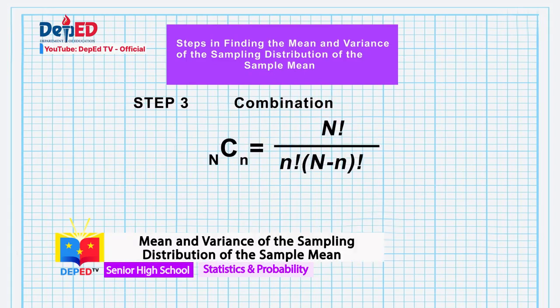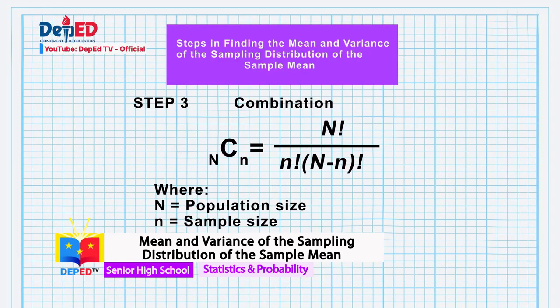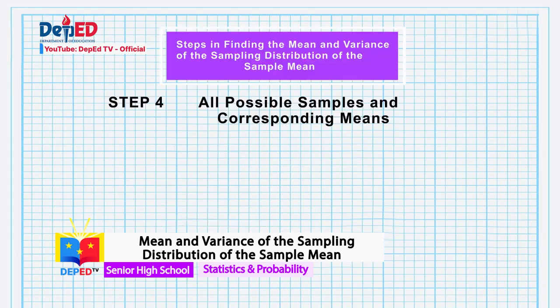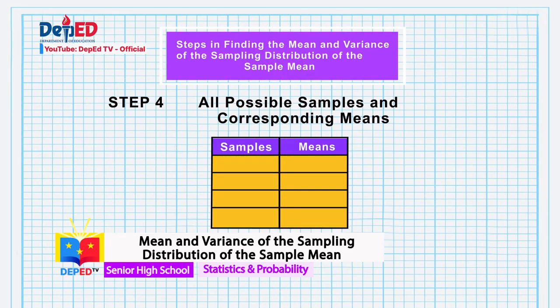The third step is to determine the number of possible samples of size n using the combination formula, where N is the population size and n is the sample size. The fourth step is to list all possible samples and compute the corresponding means.